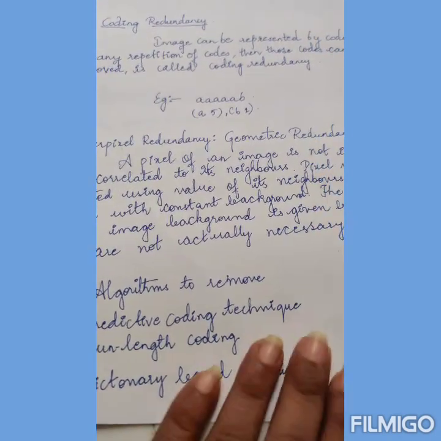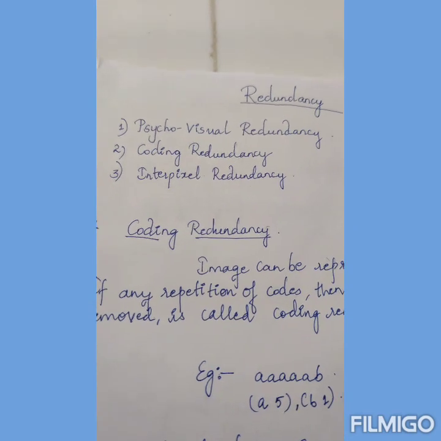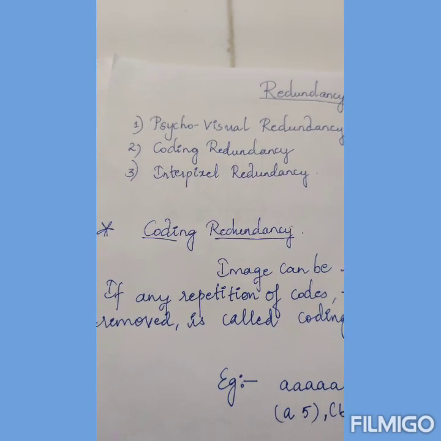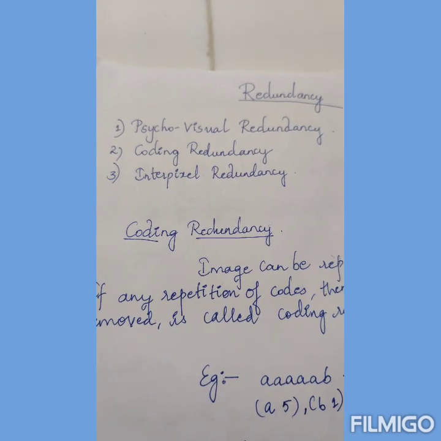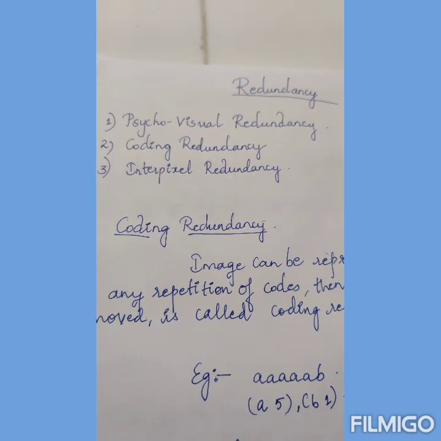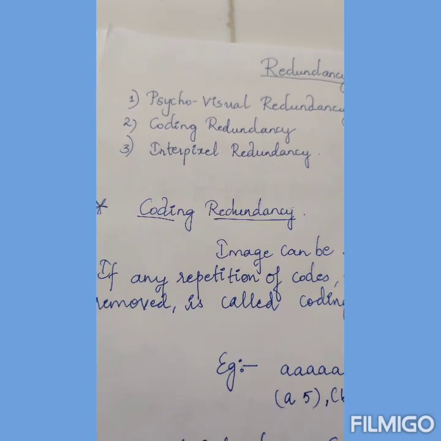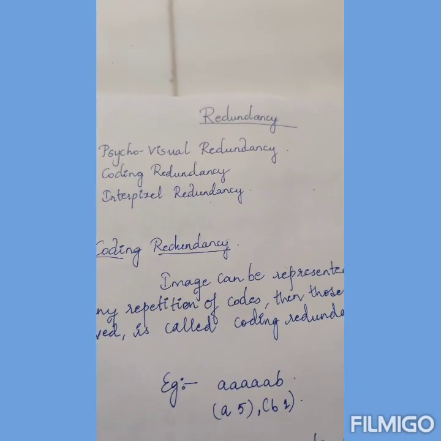Now, the last one which we did not discuss is psychovisual redundancy. What is the meaning of psychovisual redundancy? See here, sometimes we see an image, and after redundancy removal we see the image again.